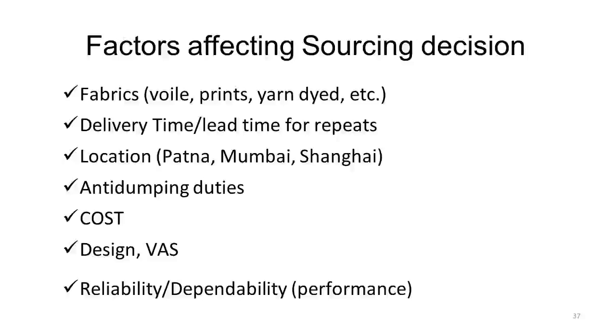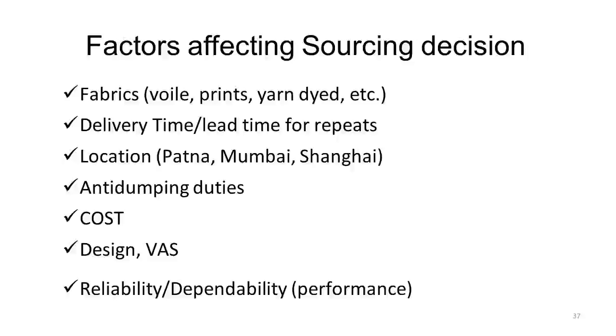But if I give you the same order again, you don't need to take any approvals. So you should be able to give me the product in 20 days, not 30 days.